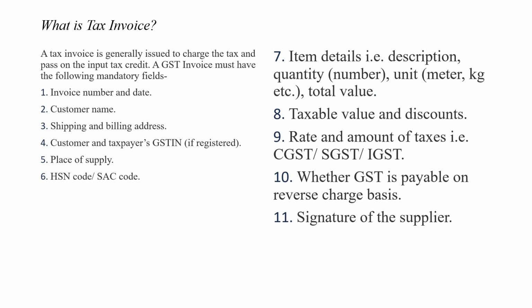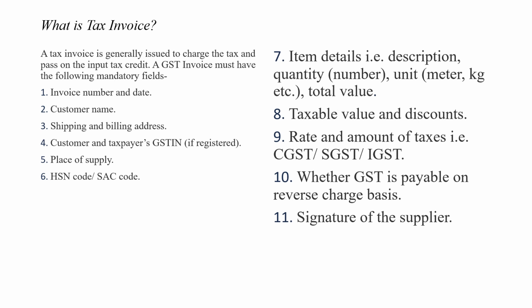A GST invoice must have the following mandatory fields: invoice number and date, customer name, shipping and billing address, customer and taxpayer's GSTIN if registered, place of supply, HSN code, SAC code.